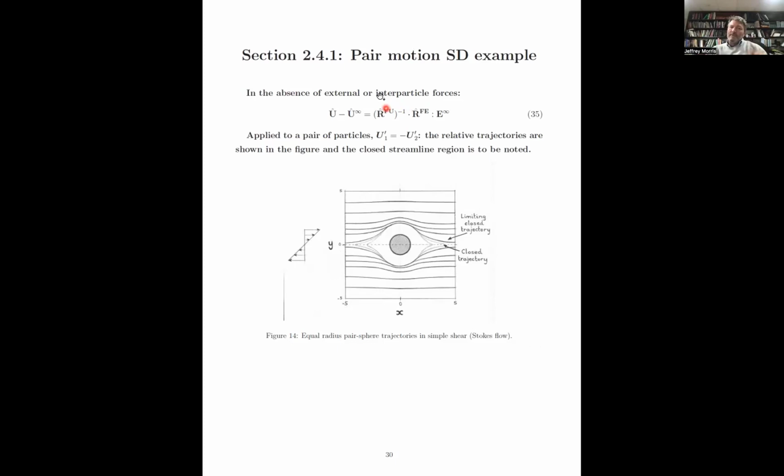The particles must be force and torque free, so they must move. This is the mobility multiplied by that. The motion of a second particle around a first becomes a rather complicated structure: I'm sitting on one particle, the other particle moves around me, and both are symmetric. So we have these closed trajectories which actually go off to infinity.